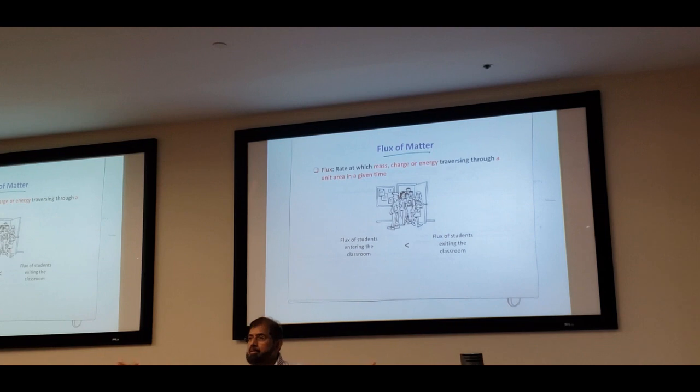It opens right at 10:30 when our class starts, and all of you need to come in through it. But if there is more than one door, you don't need to rush that much. Agreed? So flux is nothing but the number of students entering the class per unit area. The door is the unit area.